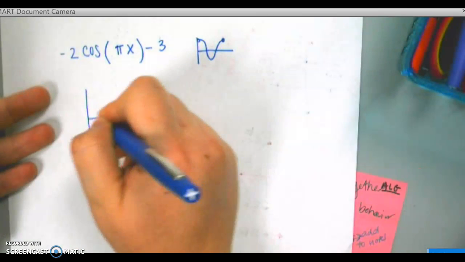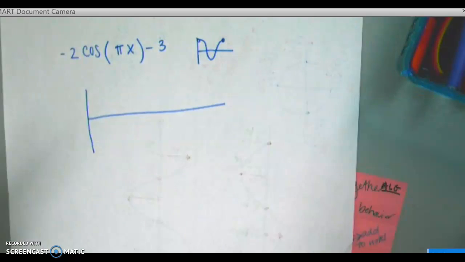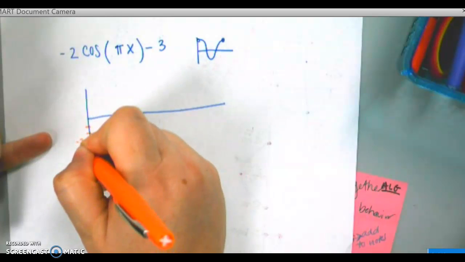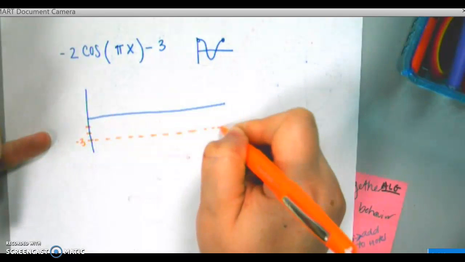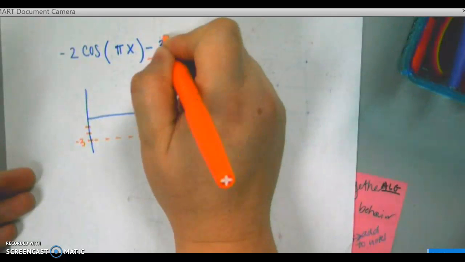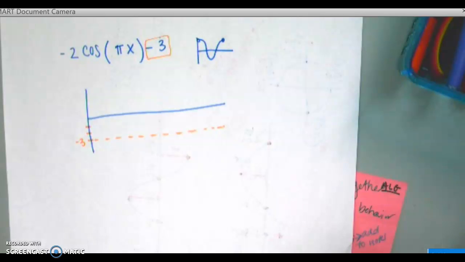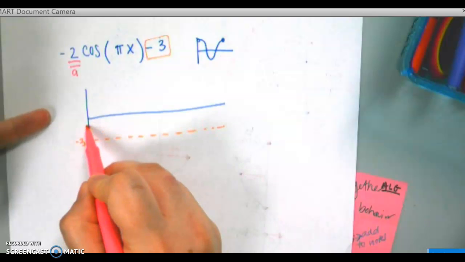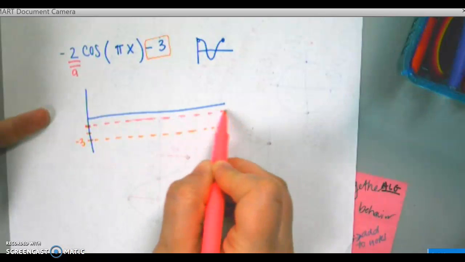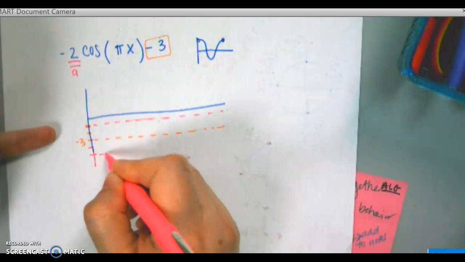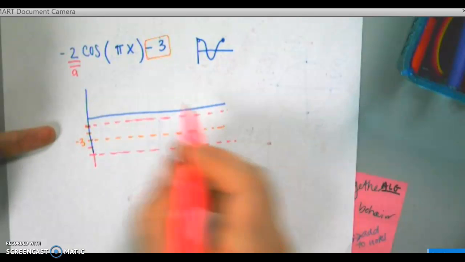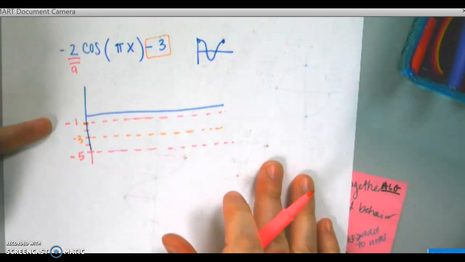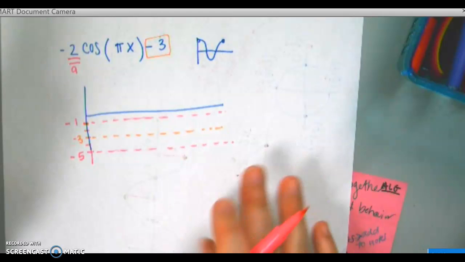I start by what my midline is. So my midline is at -3. So I start with my midline. And then I look at my amplitude. So my amplitude is 2. So that means it'll be up 2 and down 2. So I know my wave is bouncing back and forth between those numbers.